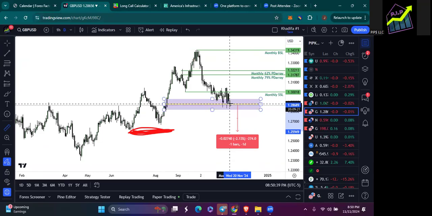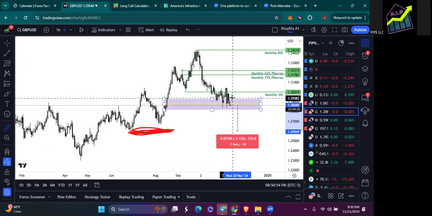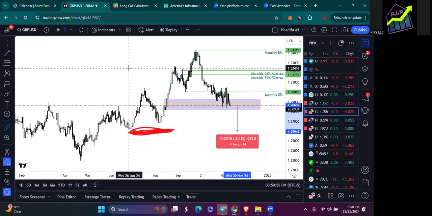Or it could just completely slingshot to the upside from where it's currently at, right? So if you're not coming in with an already mapped out analysis, a mapped out plan, you're really just gambling now if you're chasing the Euro USD trade.